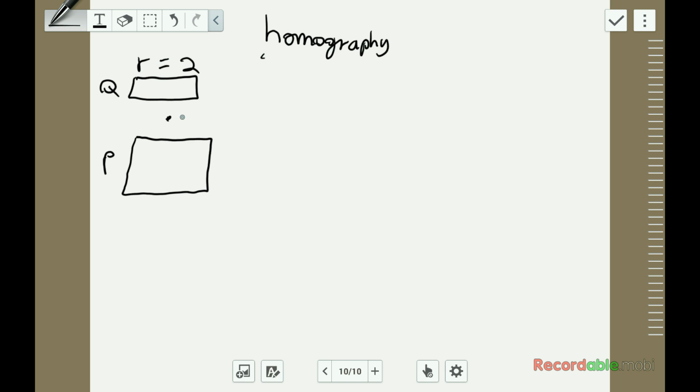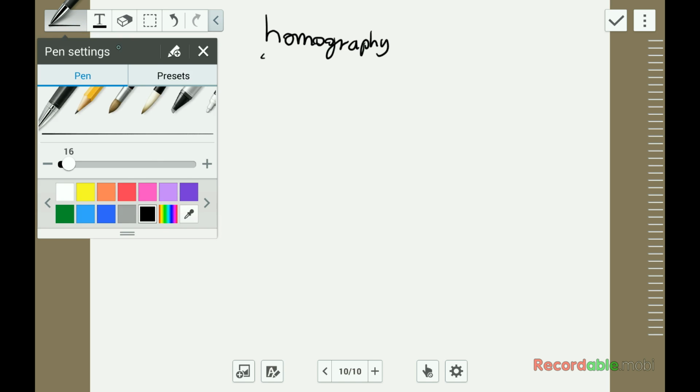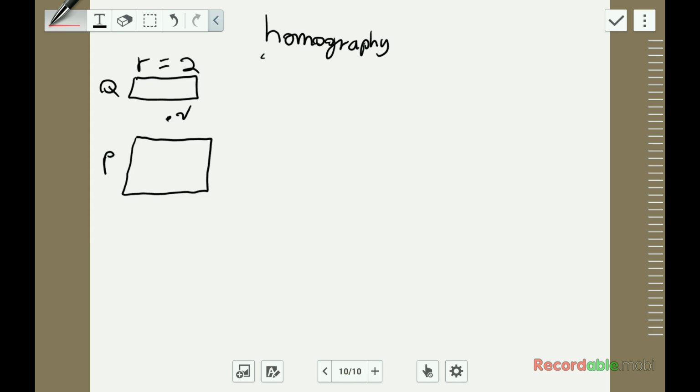So let's call that V. And now it's really very simple. If we take any point, let's say A, and we're interested in what its image is under this perspectivity, we just draw a line through A and V and see where it intersects this plane Q.